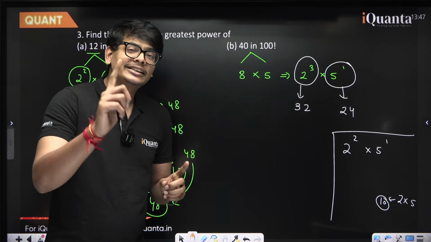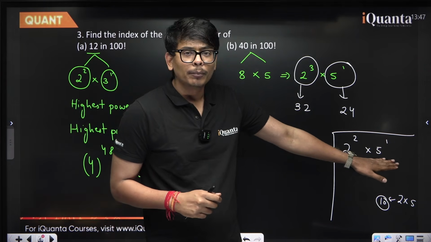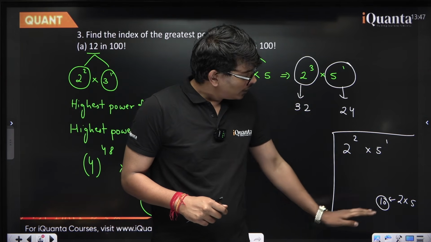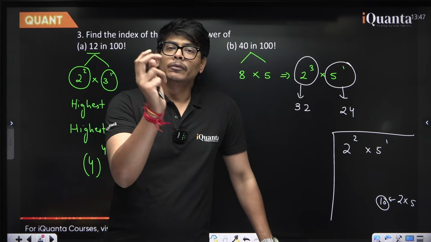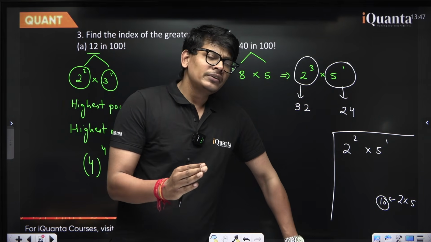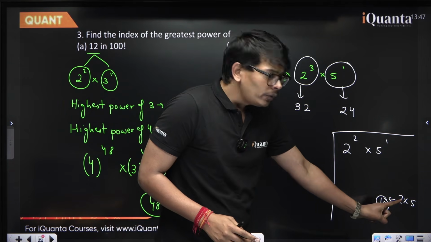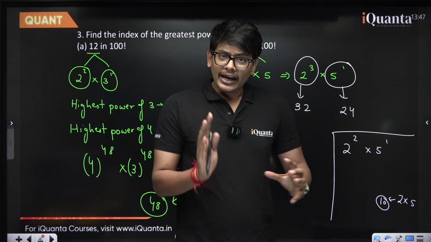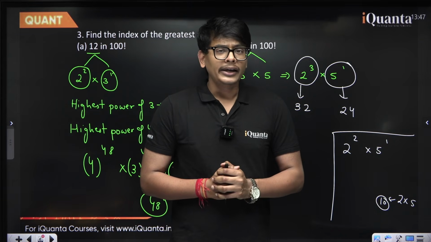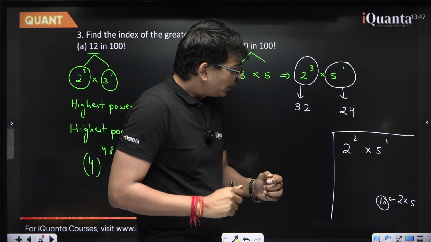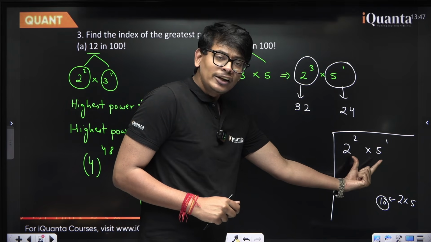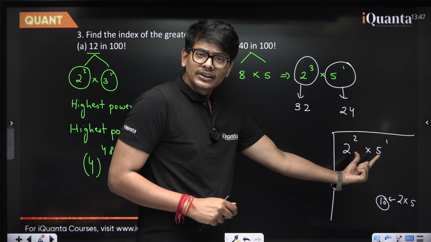The number is this, okay? So zeros means the number is divisible by 10. So a number divisible by 10 means it should contain 2 as well as 5, right? Then only I can say the number will be divisible by 10, right? Clear hai? Now, the question says how many zeros in the end of this particular number?